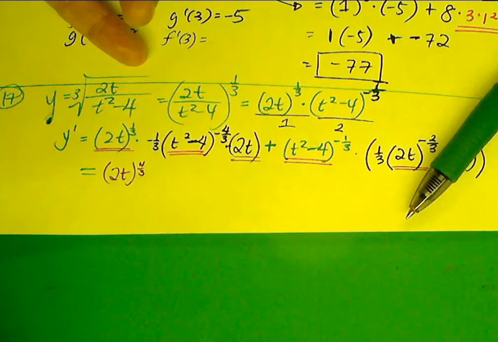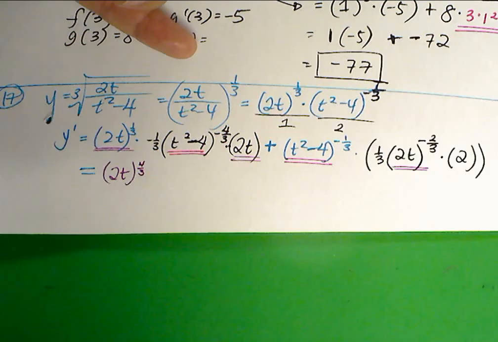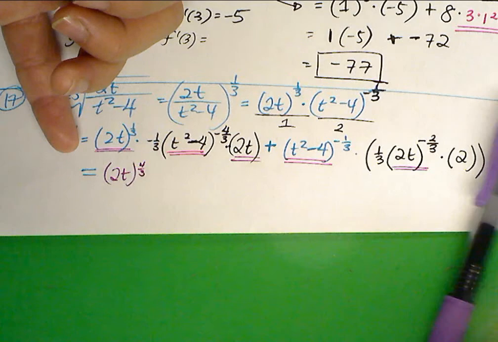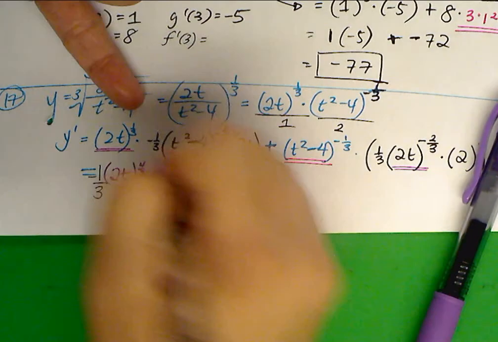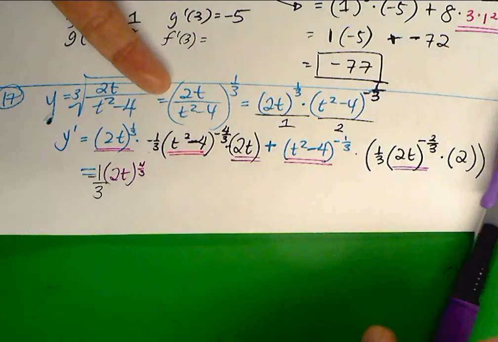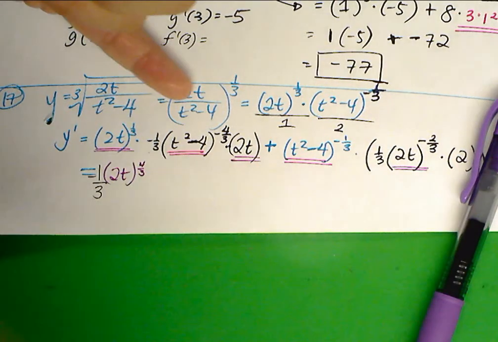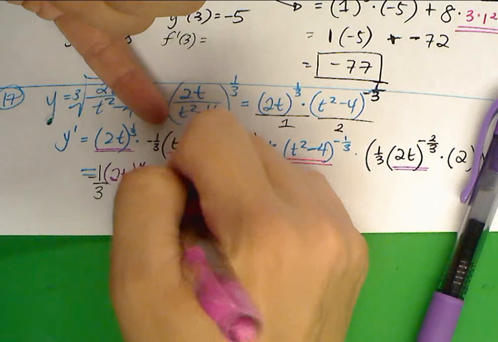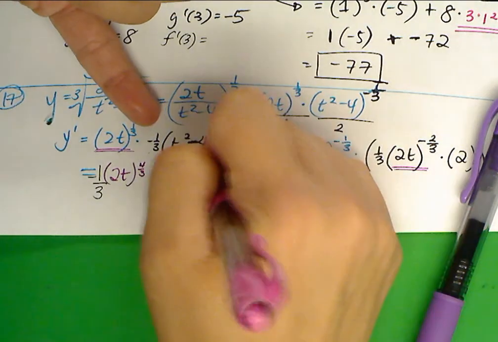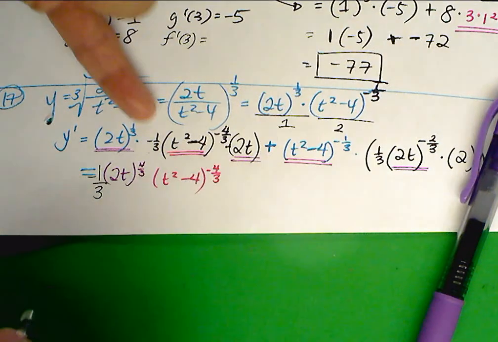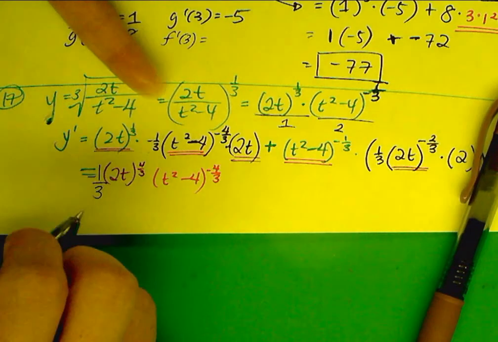Okay. And then we have negative 1/3 in the front. Which was the negative? Okay, then we have t squared minus 4 to what power? To the negative 4/3 power. Put that on the top. Yeah, we can.